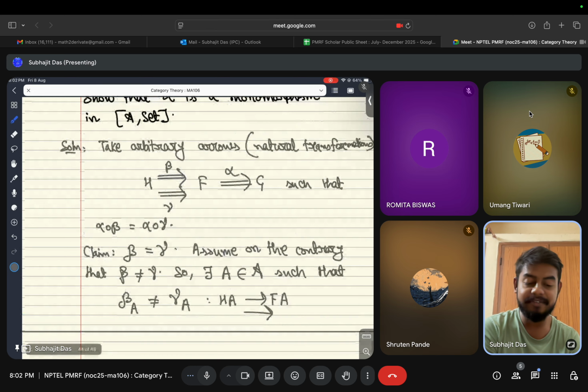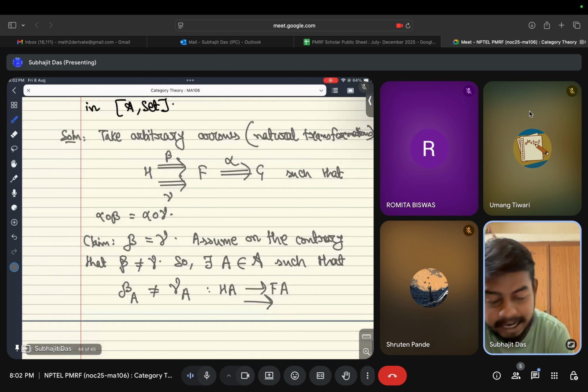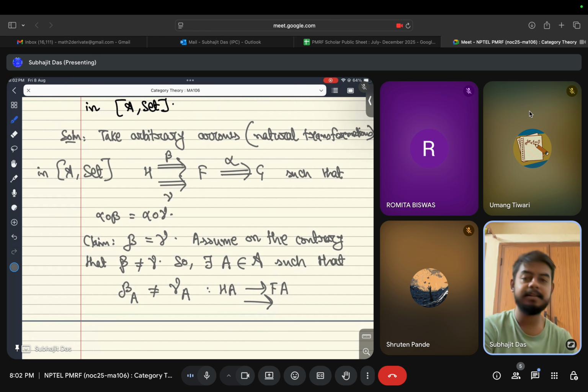Now H, F and G are all functors in the functor category from A to Set, right? So take arbitrary arrows in the functor category because we want to show that alpha is a monomorphism in the functor category. If H is a functor from A to Set, this means that at an object A of A, HA is a set, similarly FA is a set. So these are arrows in the category of sets, which means that beta A and gamma A are maps of sets.